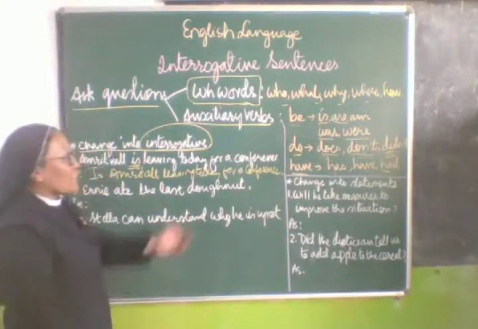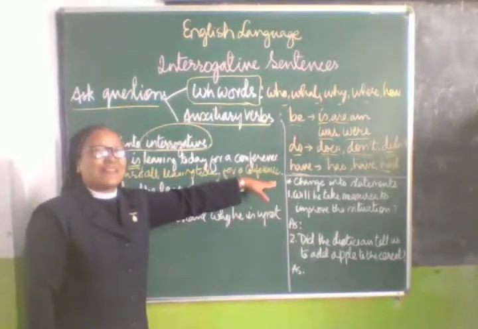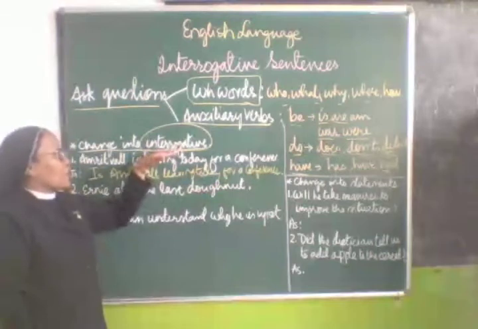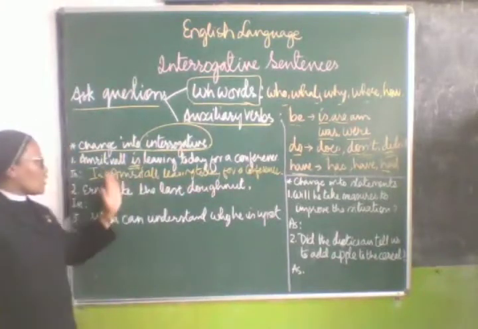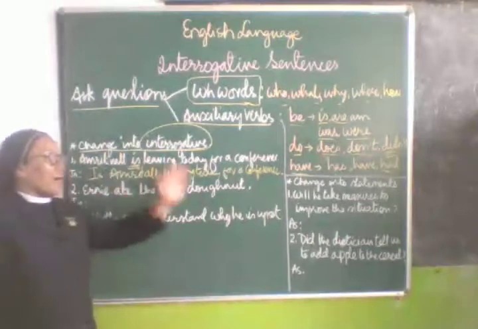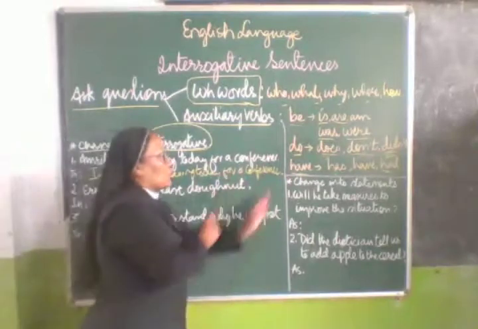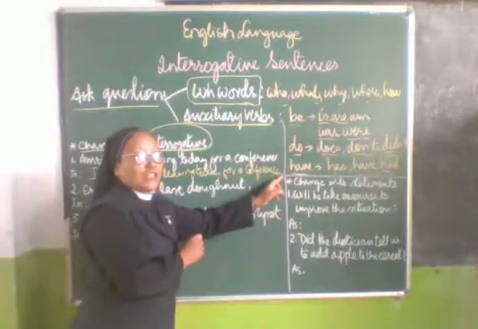Question mark. If I leave this with a full stop, I did not change it into interrogative. I left it as it is. I just changed the place of the verb and the subject. I reversed the place.